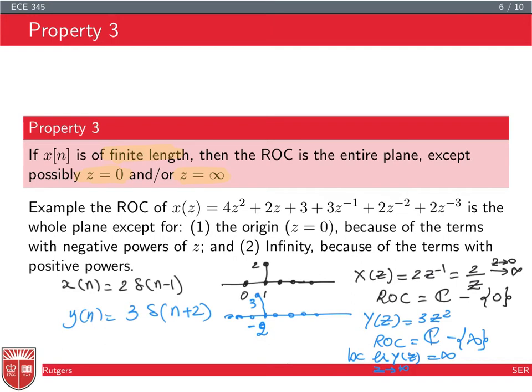And here I have an example of a double-sided signal. There is actually a typo, so this should be capital X(z).